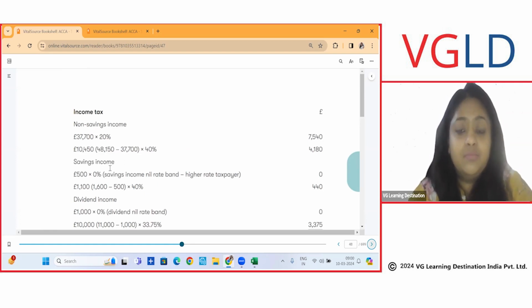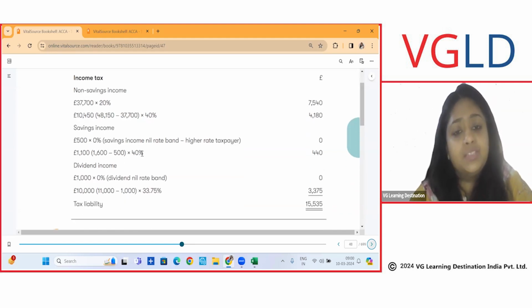For the savings income, there is a savings nil rate band of 500 available as he is a higher rate taxpayer. So the remaining savings income will be taxed at 40%. When we come to dividend income, we have to apply the dividend rates that I've sent you in the chat box. 1000 starting nil rate band or dividend nil rate band is available to all taxpayers, that will be at 0%.